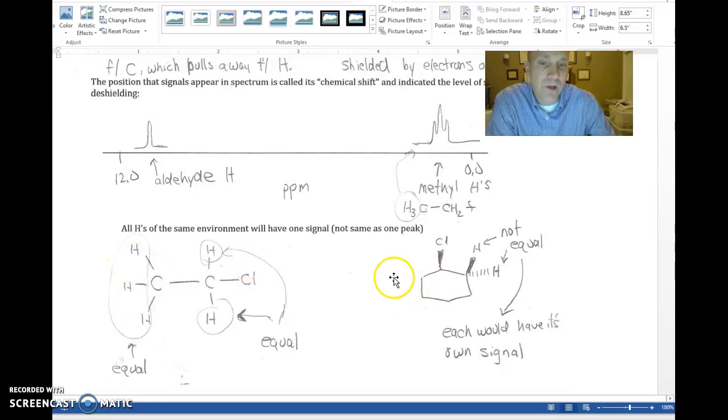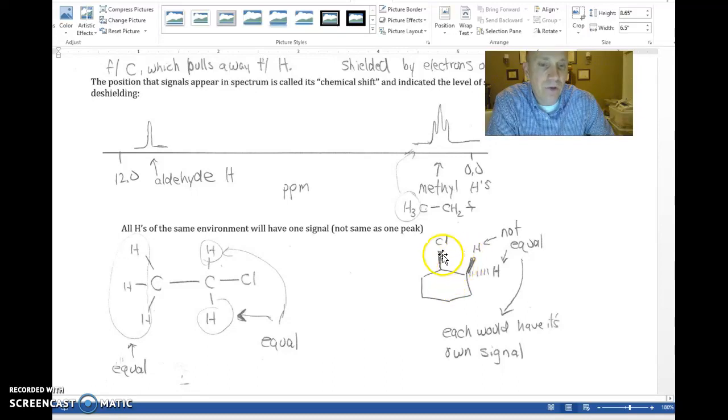But just because 2 hydrogens are attached to the same carbon doesn't necessarily mean that they're exactly equal. For example, if you took a look at this molecule, let's say that we have this chlorine sticking up on the top side of the ring. Let's take a look at these 2 hydrogens on the carbon right next to it. Notice that this hydrogen is on the same side of the ring as that chlorine, because the ring doesn't allow complete free rotation around this bond.